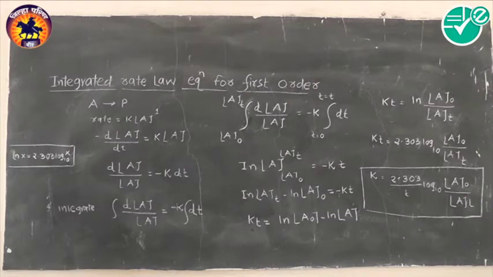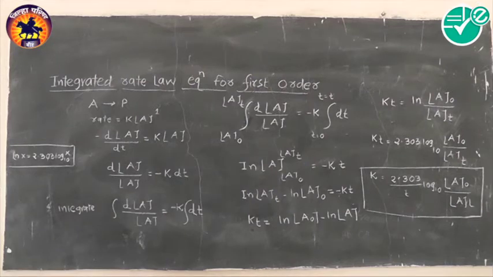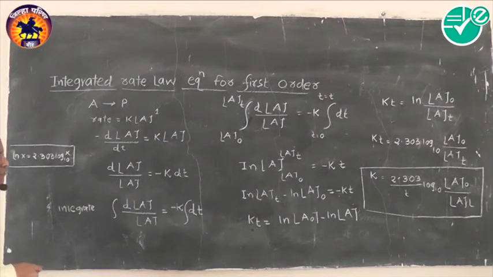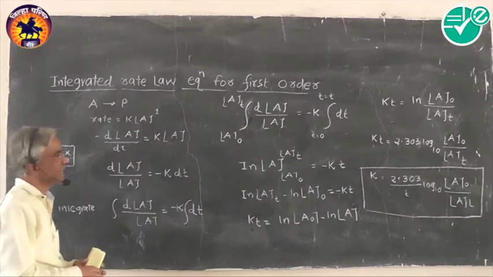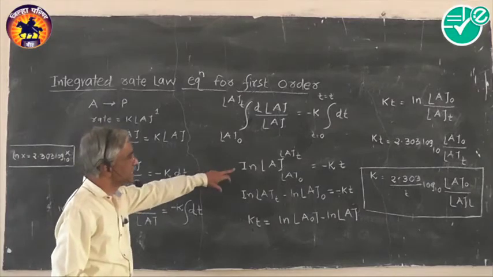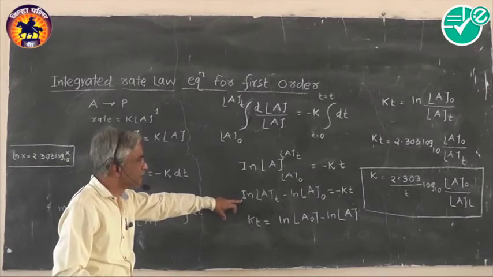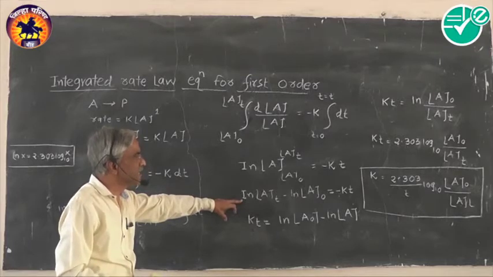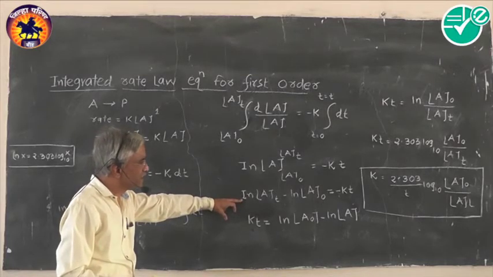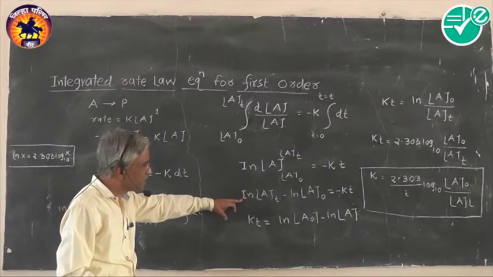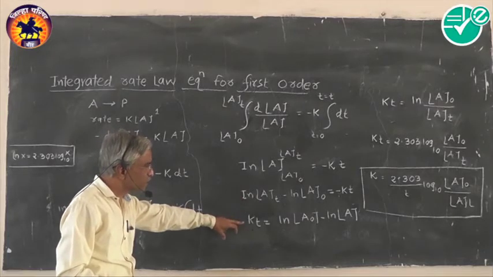Now, the same equation has also been written in an exponential form. In exponential form, we can write it in another form. This ln At minus ln A0 equal to minus kt, we have converted into kt.